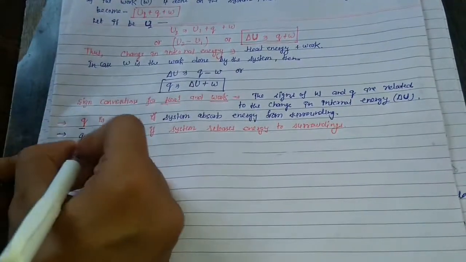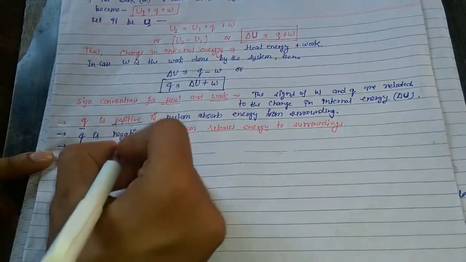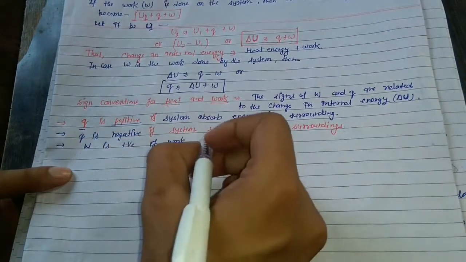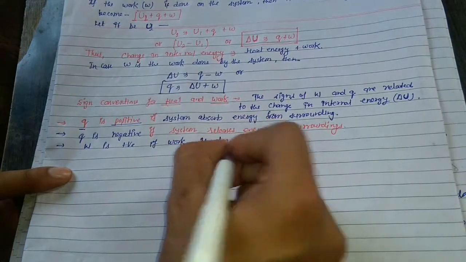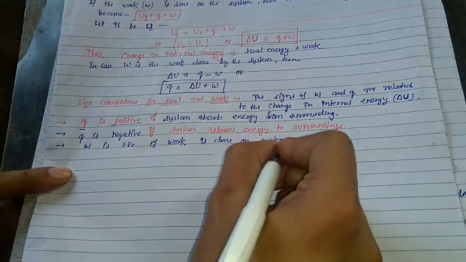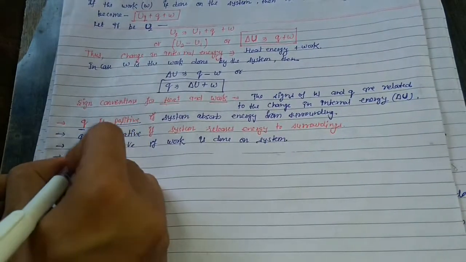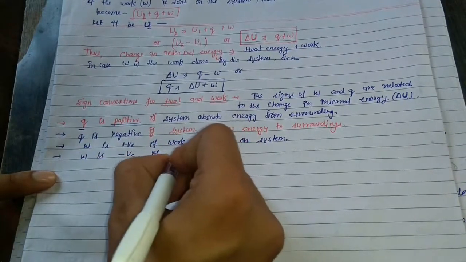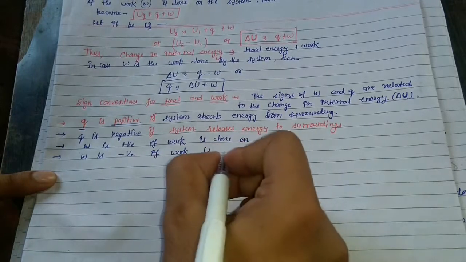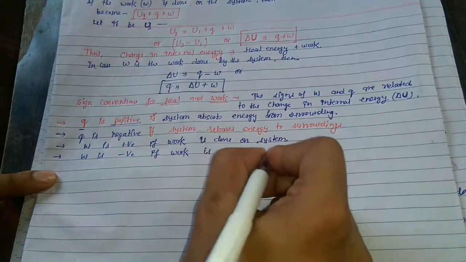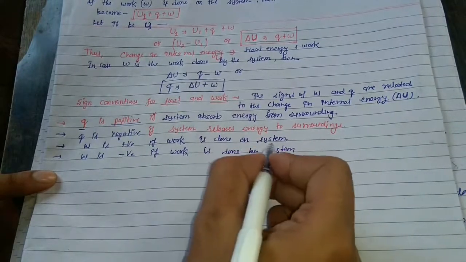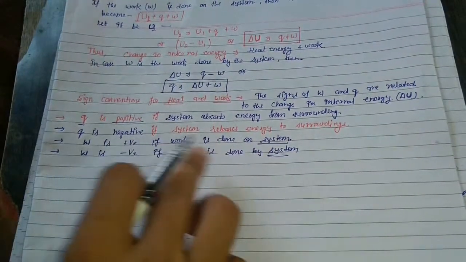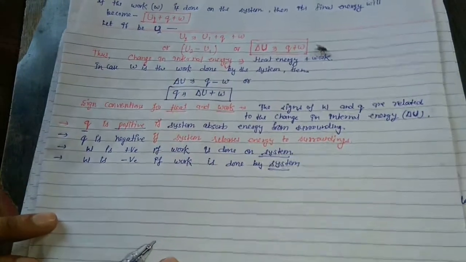W for the work is positive if work is done on the system, and work is negative if work is done by the system. Here is the difference: work done on the system will be positive and work done by the system will be negative.